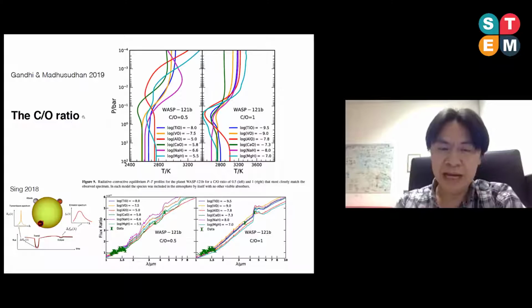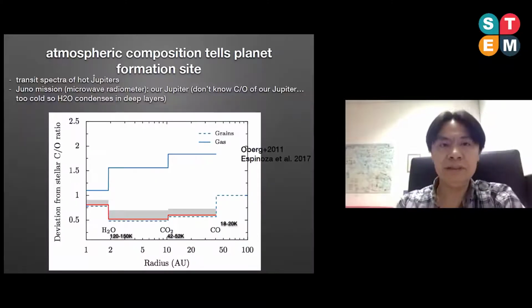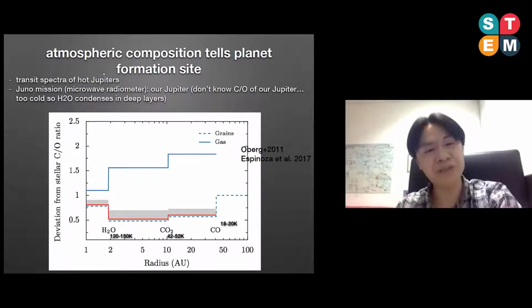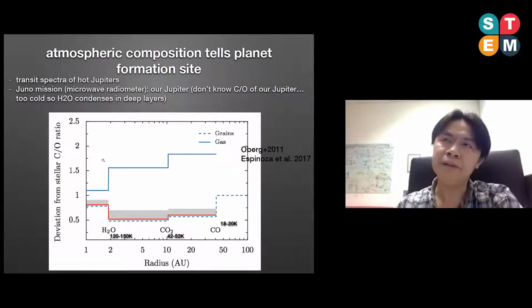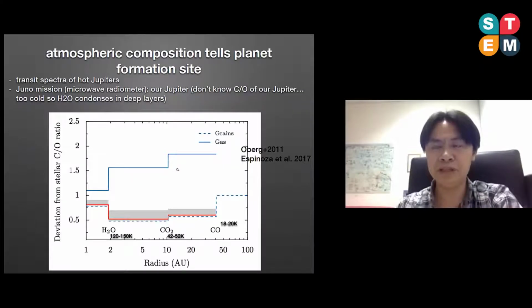This ratio is not only important for our model, but can also be connected to planet formation. It's widely believed that hot Jupiters are not formed in situ, but are formed far away from the central star in the protoplanetary disk.